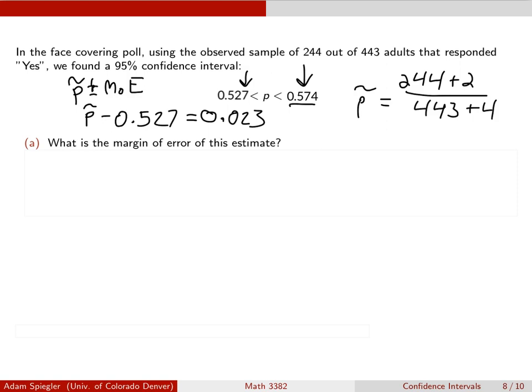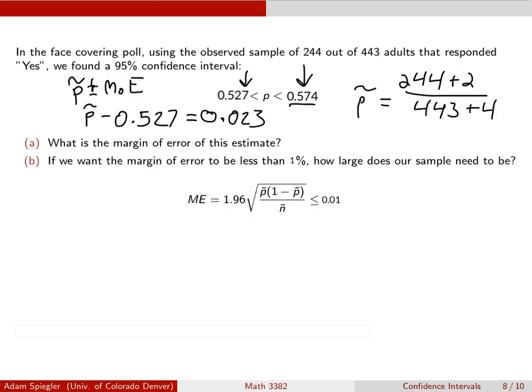Okay, so oftentimes when we're doing these calculations, we might have a target for our margin of error. So let's say I want to be really precise with my estimate, and I want at most my margin of error to be 1%. How large of a sample would I need to collect if I'm doing an Agresti-Coull confidence interval in order to reach that level of accuracy?